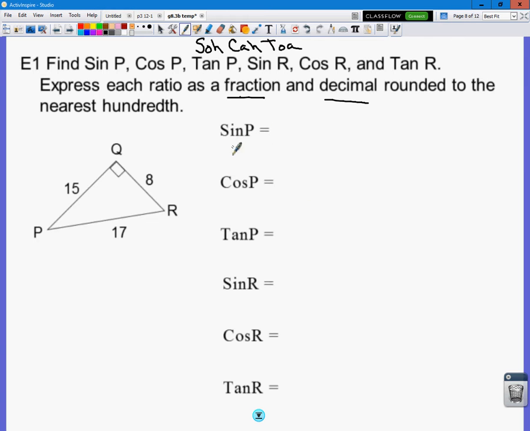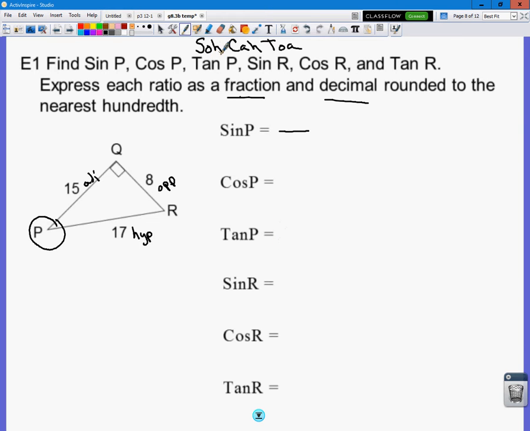So if they ask me for the sine of P, I'm going to start at P and I'm going to label my parts. What is the 8? Opposite. What is 17? Hypotenuse, which means the 15 is adjacent. Sine.